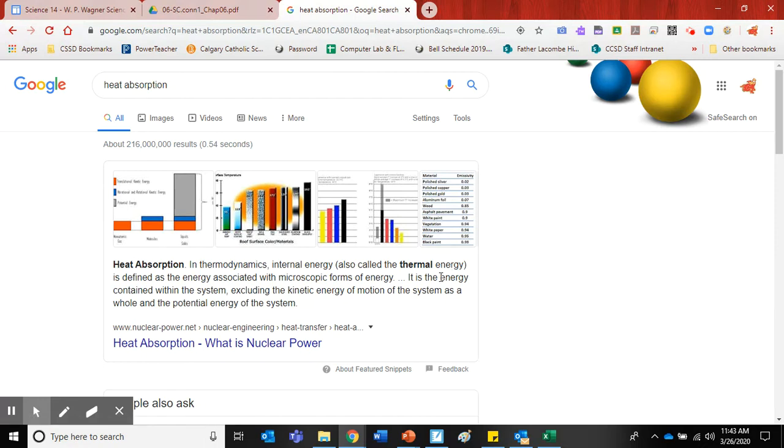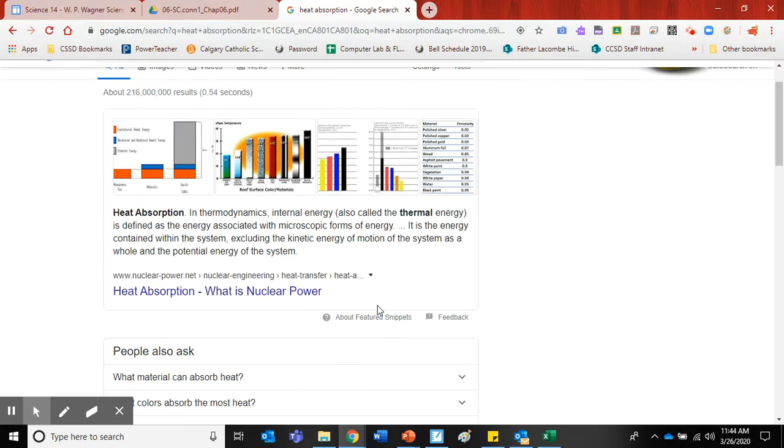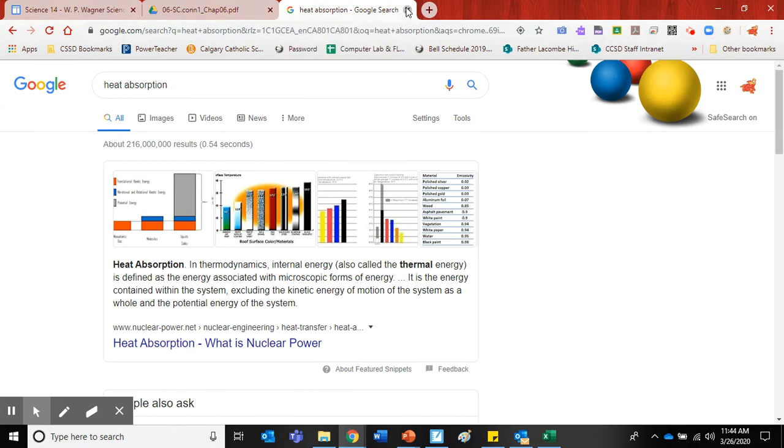We've talked a little bit about thermal energy, but we're not talking about microscopic forms of energy. We are not going this deep into things. So this doesn't help us. And talking about nuclear power, way too much information, right? We need to use our textbook to help.